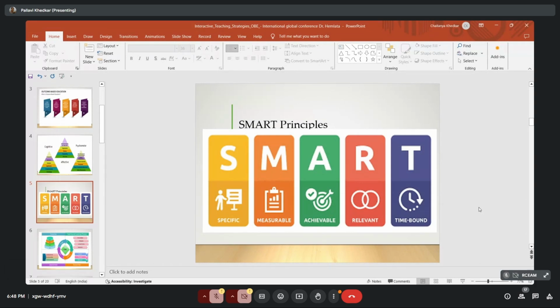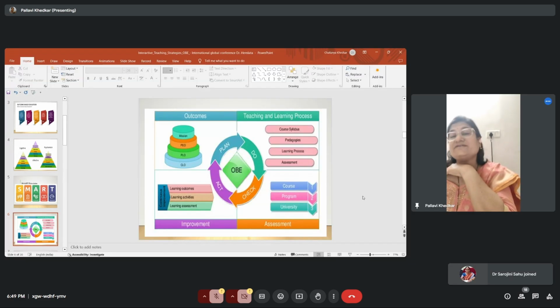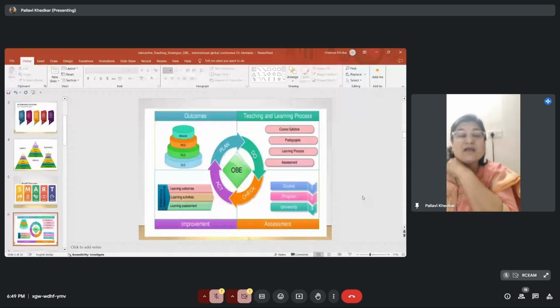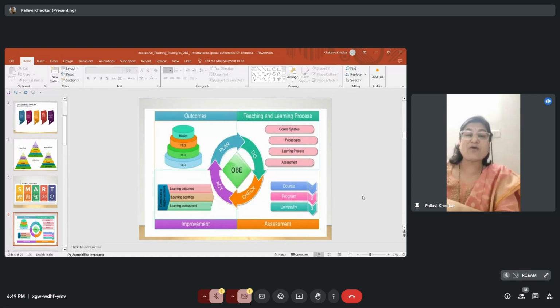When we talk about all these things, it is the role of a teacher to take care of them, along with the mission of the university or of the institute. It is aligned with the educational outcomes. Educational outcomes are aligned with the learning outcomes, and learning outcomes are aligned with the course outcomes.